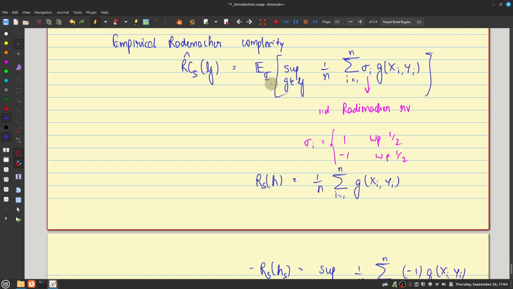Again, this is for a given training set. But can't the corresponding supremum actually change with sigma? Correct. The supremum, of course, depends on sigma. That is true, right? For each configuration of sigma, you have a different supremum. No doubt. So how do we work that out? I feel like it's a circular dependence.